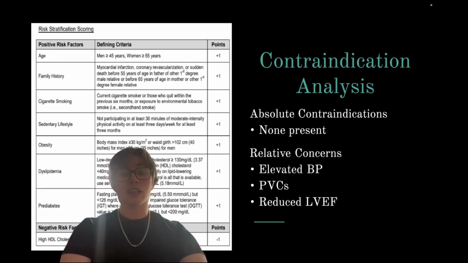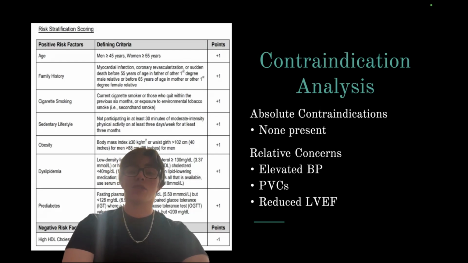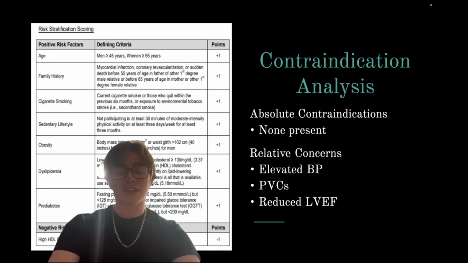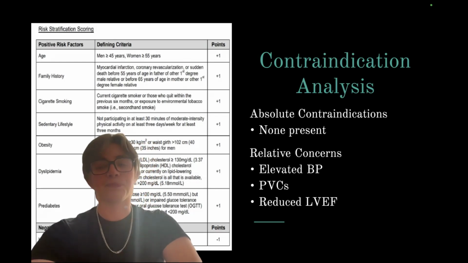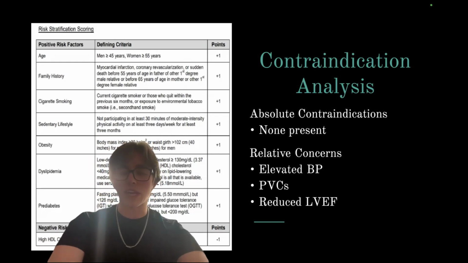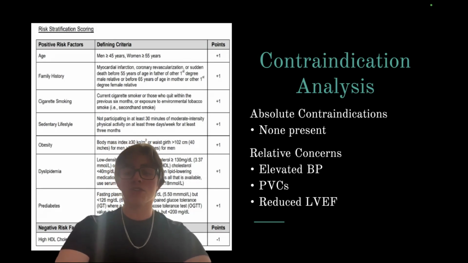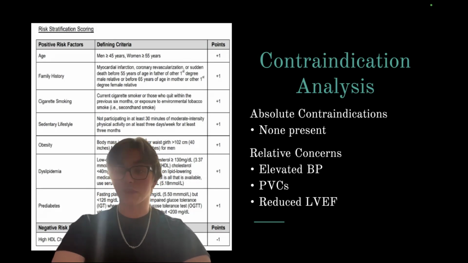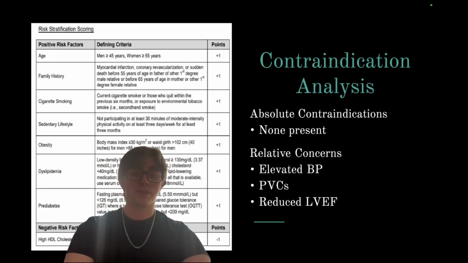His blood pressure is elevated, he has occasional arrhythmias, and his ejection fraction is reduced. These don't mean that we can't test him, but they do mean we need to be more cautious. This is where clinical judgment becomes very important. Instead of just asking, can we test him? The better question is, how can we test him safely? And that usually means modifying the protocol and increasing monitoring.